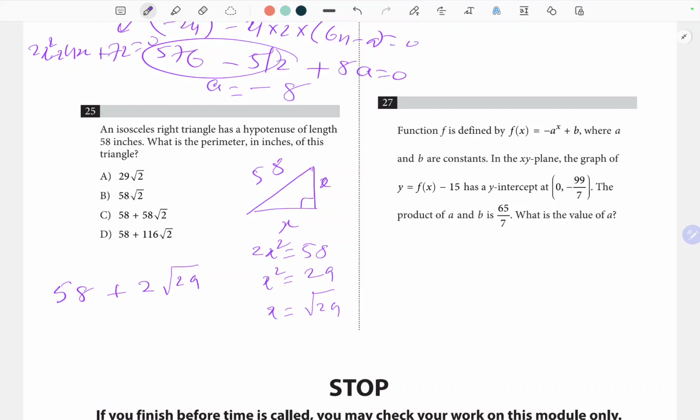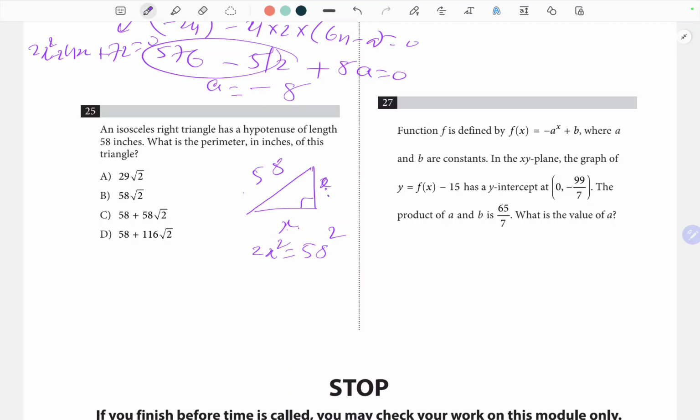What is the perimeter? Isosceles right angle triangle has hypotenuse of length 58 inches. Okay, so this is x, this is x, this is 58, so x square plus x square. Oh, this is 58 square. Blunder. Guys, you have to be very careful about all these silly mistakes.